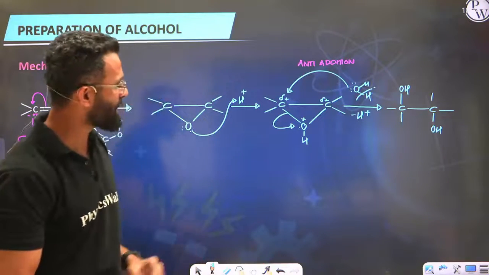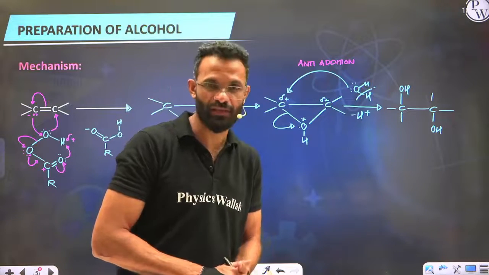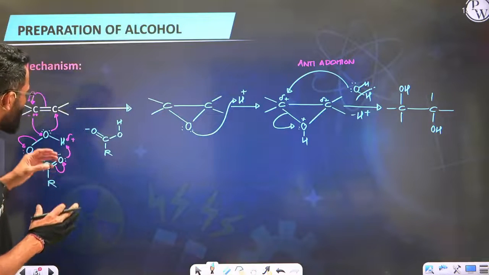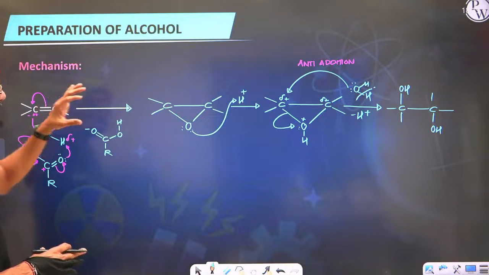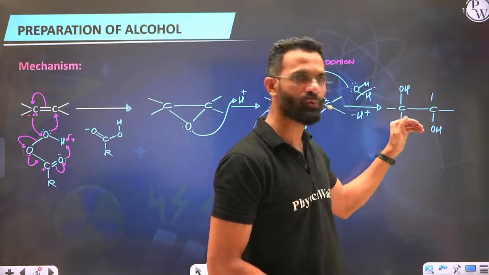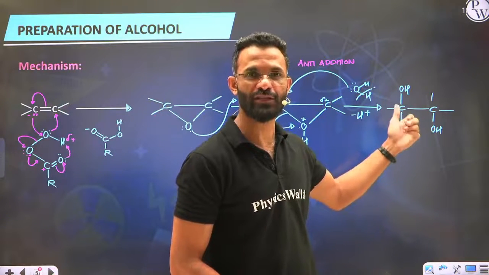Well guys, based on this, suppose we have got some question, how exactly are we going to answer those questions? Imagine the starting alkene given to you has precise stereochemistry, either cis or trans, and the product obtained is one of the stereoisomers.